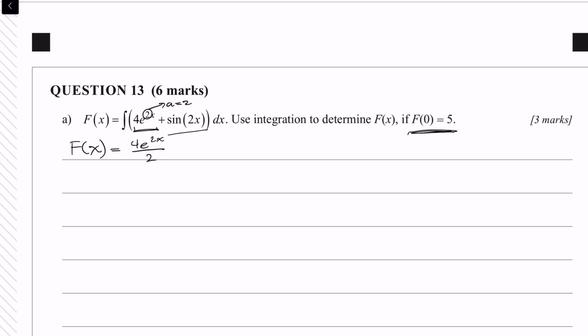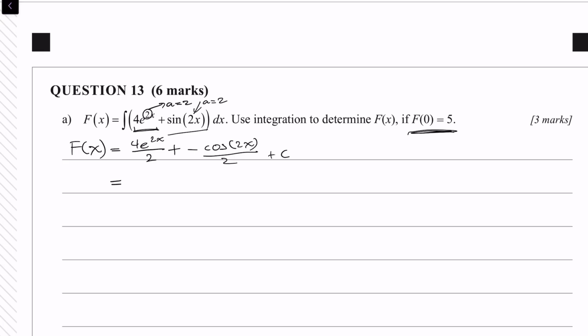And then we're adding, but remember with integral of sine, we're taking the negative value of cos and keeping everything the same again with what's in the bracket, but dividing by that a value, which is 2 again. And plus c. Always remember your plus c. Don't forget.